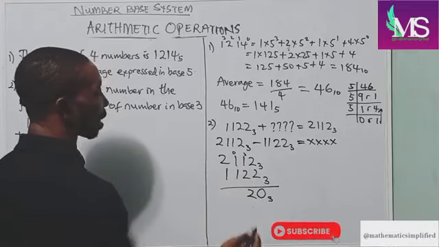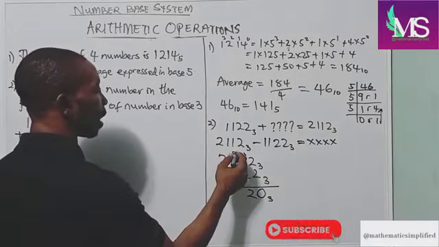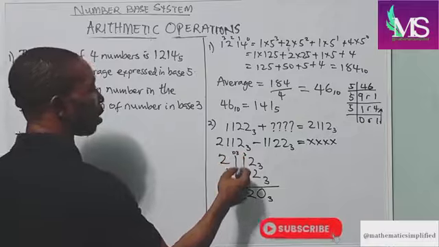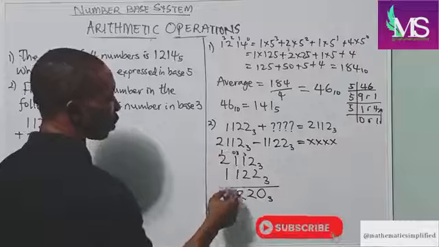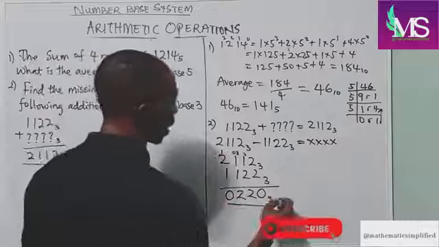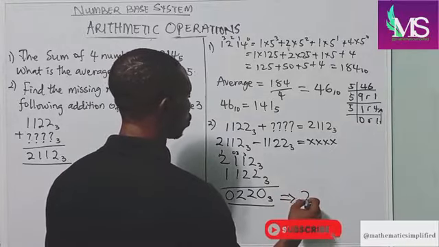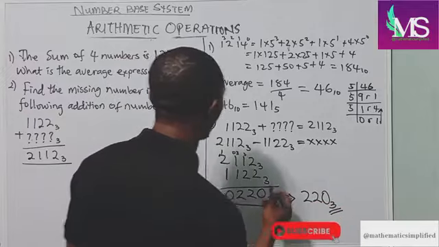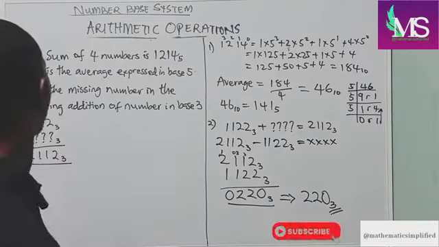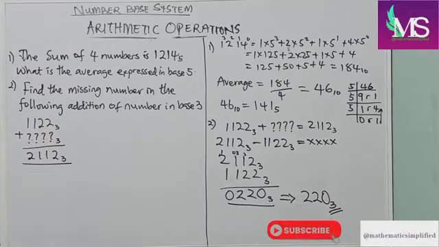So 0 minus 1 cannot. We borrow 1 from here to add here. This becomes 3. 3 minus 1 will give us 2. And this is 1. 1 minus 1 will give us 0. So our final answer would be 220 base 3. So we have found our missing value as 220 base 3.